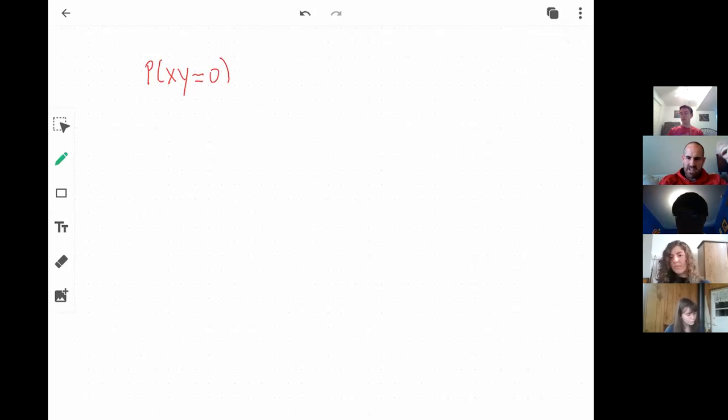Now that we know everything about x and y, including what their ranges are, which we figured out directly from the moment generating function, when could the product of x and y be 0?